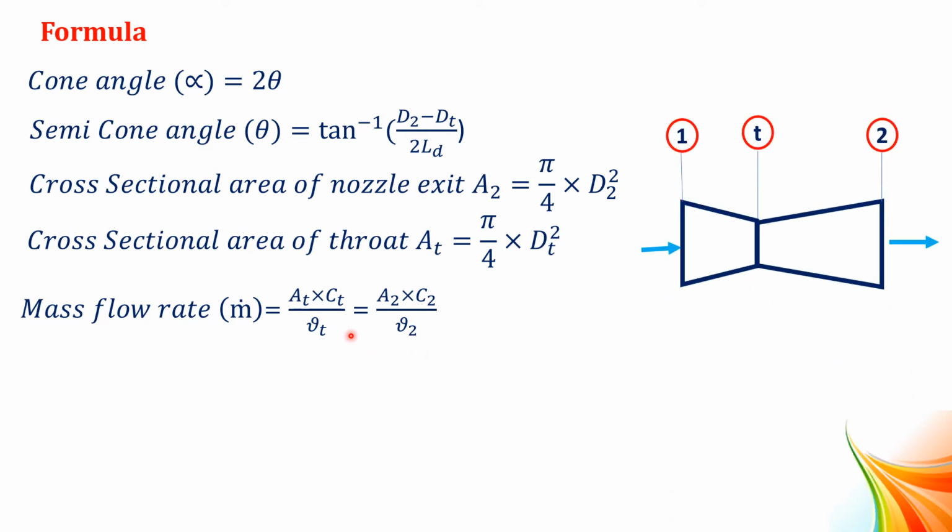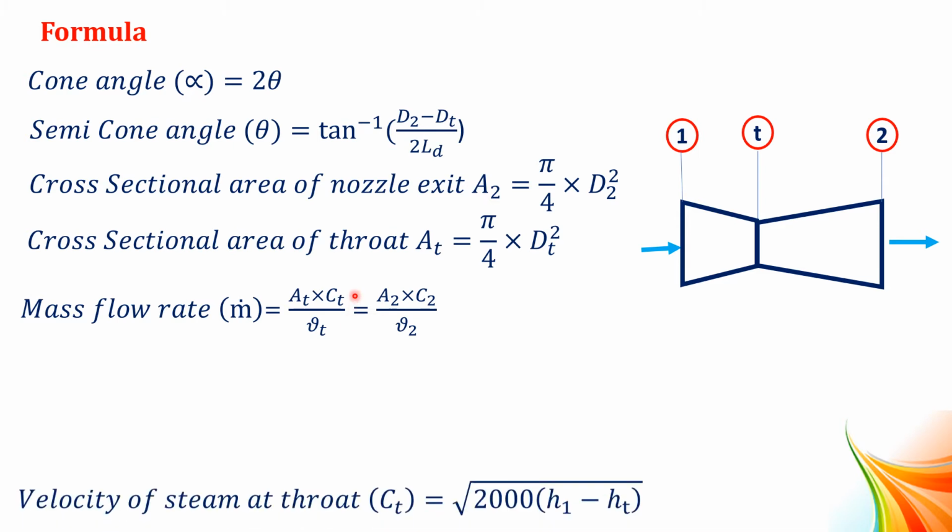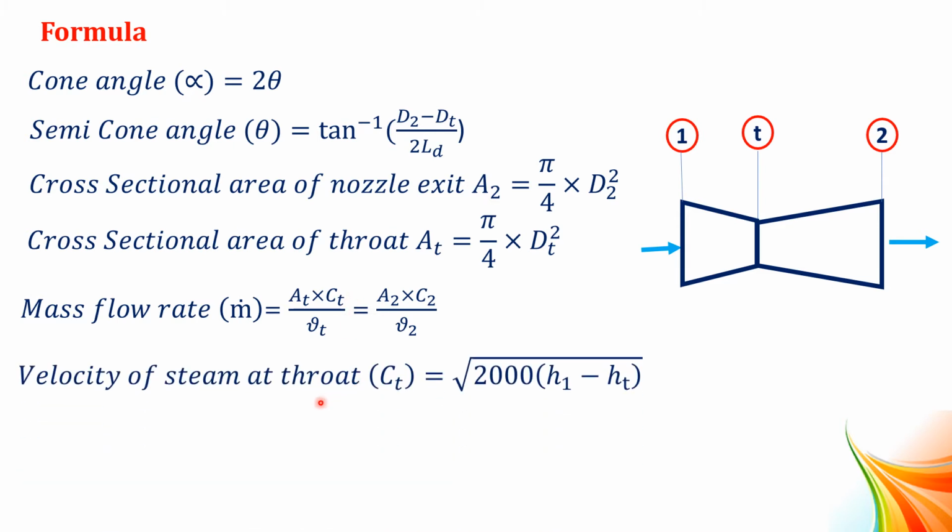Here Ct is the velocity of steam at throat section, Vt is the specific volume of steam at throat section. The Ct can be calculated by using this equation: square root of 2000 into H1 minus Ht, and Vt is the specific volume, which is calculated from the Mollier diagram.